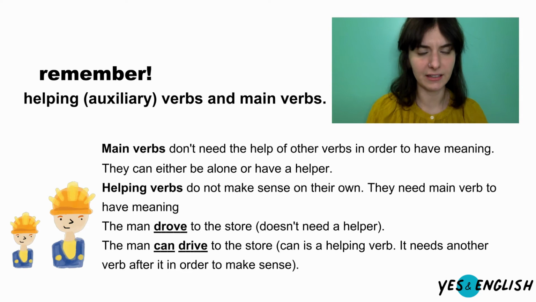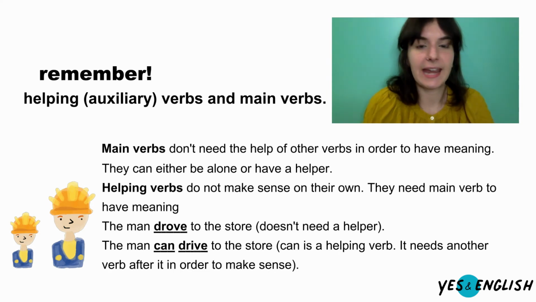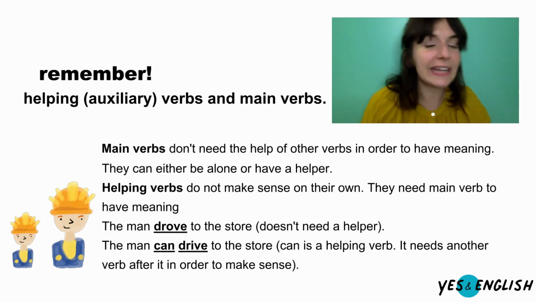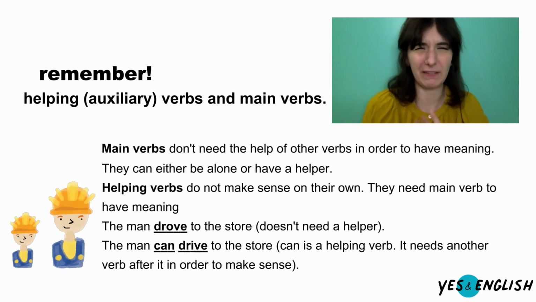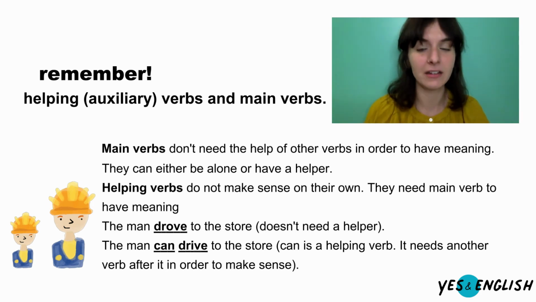In this sentence, drive is the main verb because drive makes sense by itself. The helping verb is can. Can doesn't really have a lot of meaning by itself because if you say he can, my first reaction is, okay, he can what? What can he do? I need more information from you. You can't just leave the sentence at can. So in this case, can is a helping verb.